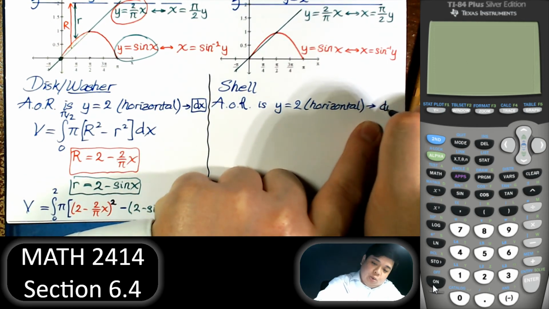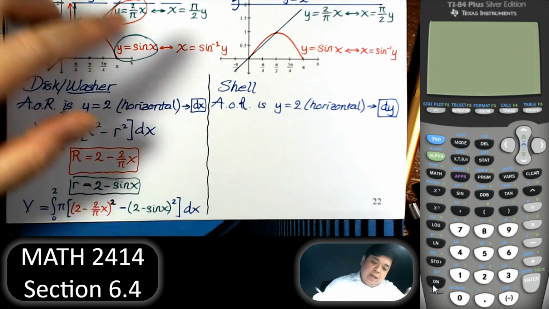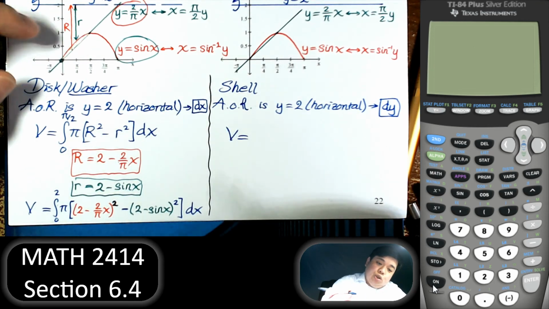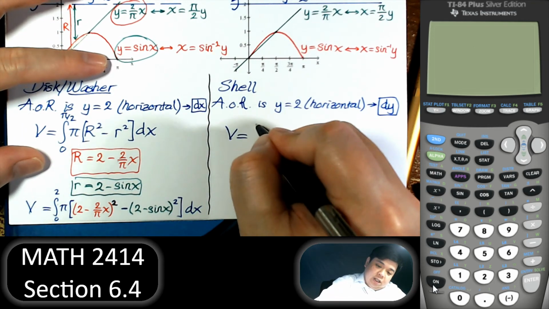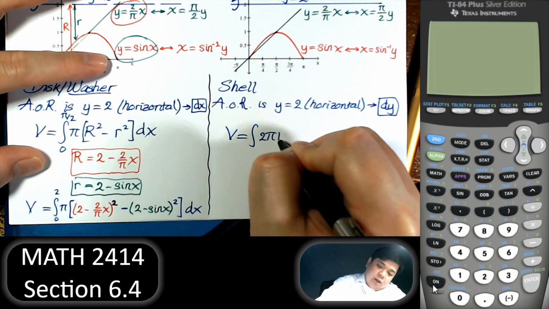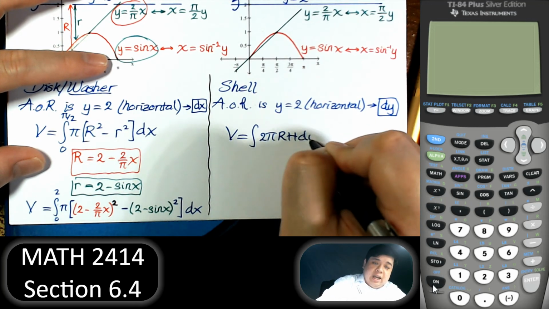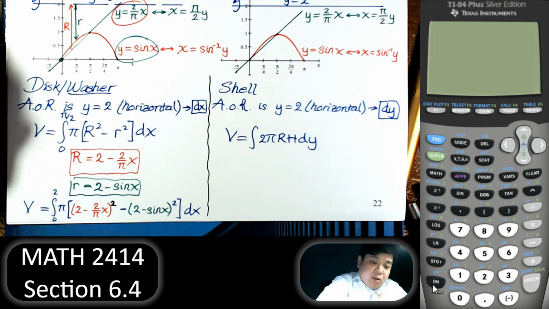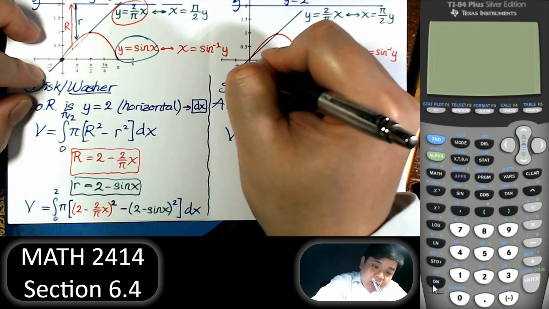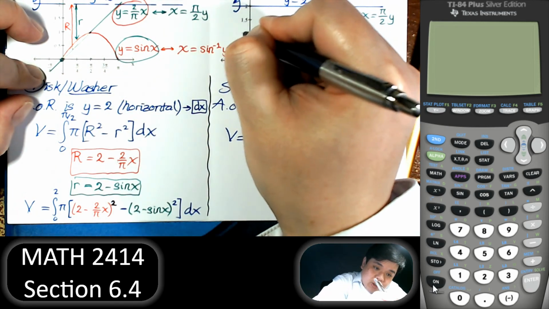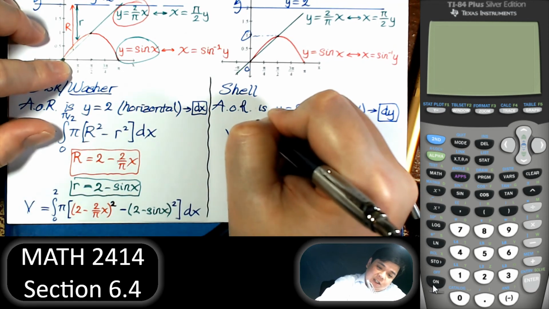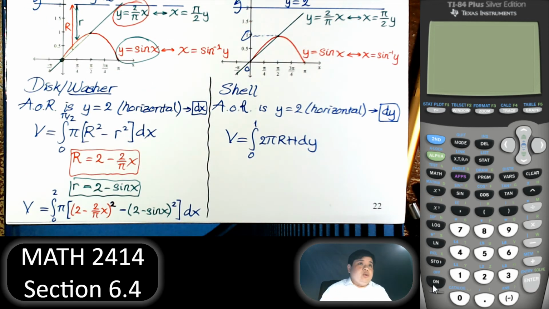So we're going to use dy. And if we use dy, it will be 2 pi r h dy, with the limit for y going from 0 to 1. We just need to determine r and h.